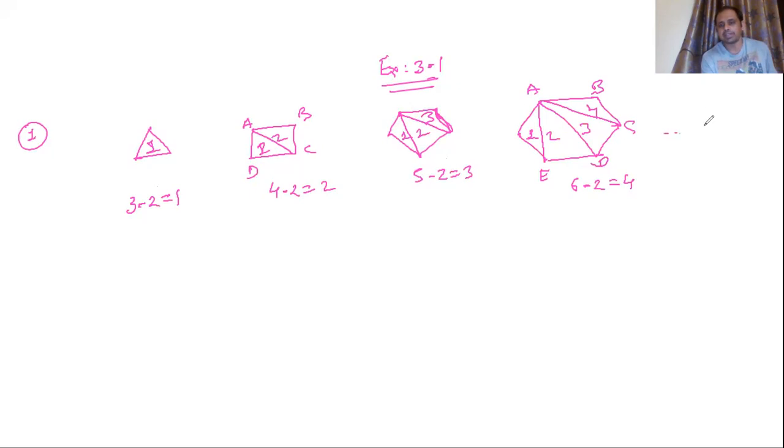Similarly, if there are n sides, then it will be n minus 2. Hope it is clear. That means the second option, n minus 2, is the correct option.